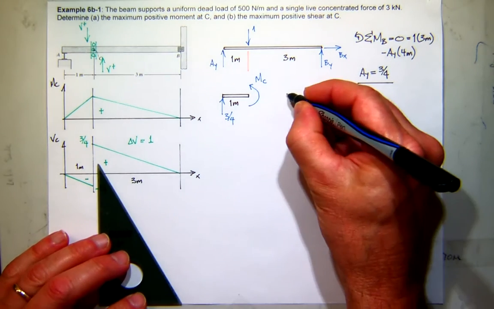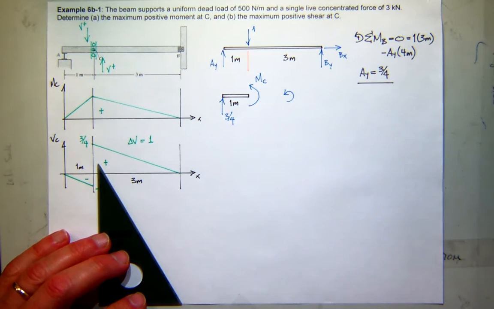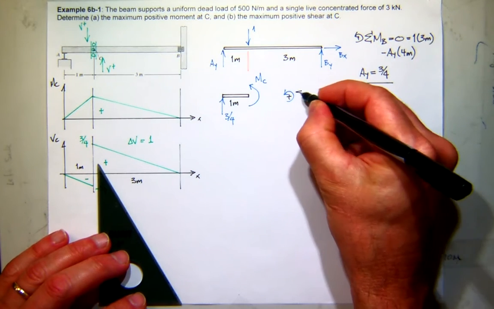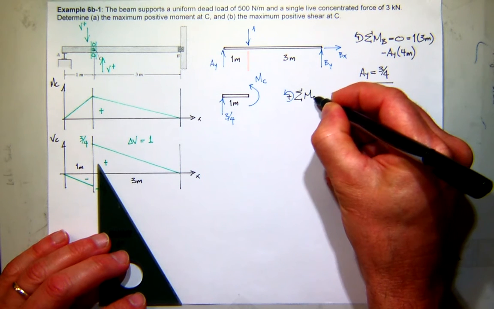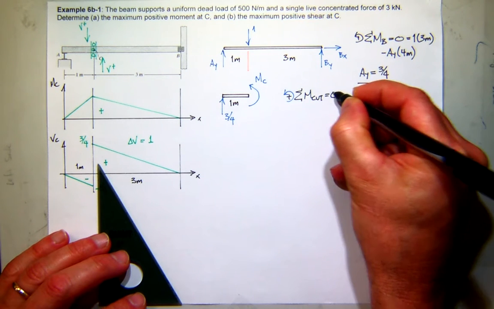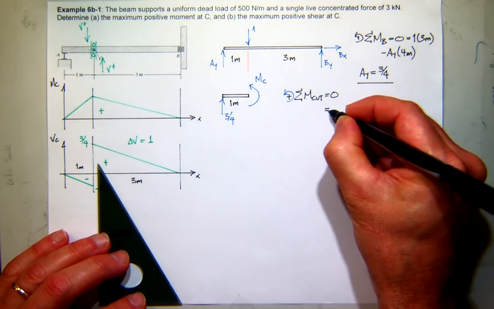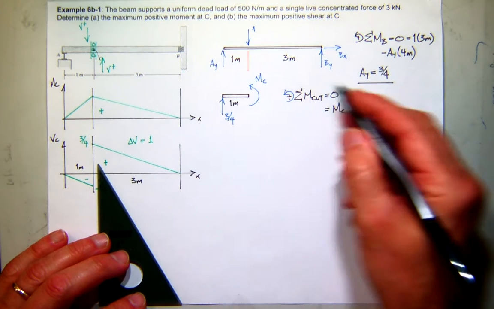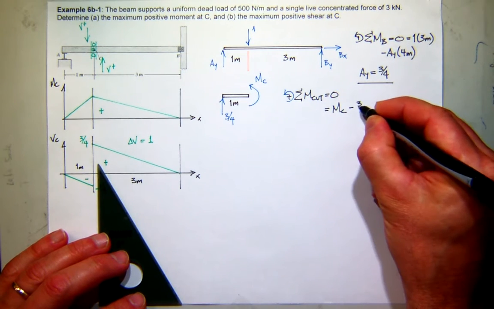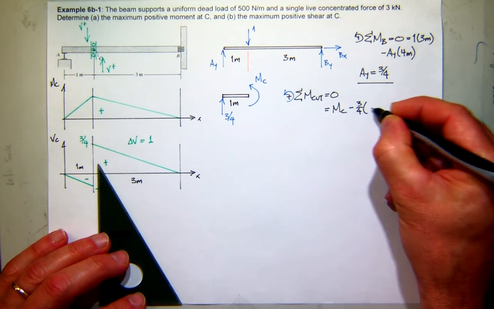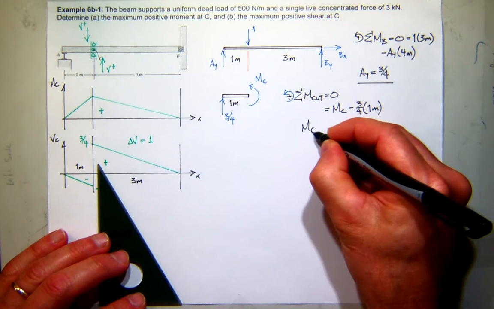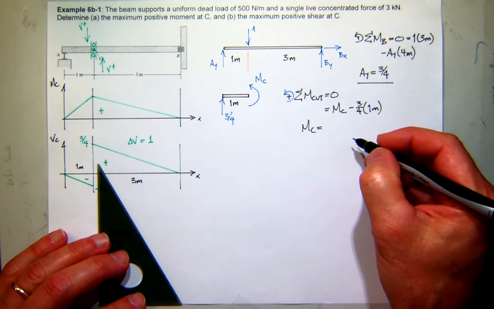Well, if you don't see it, go ahead and sum the moments at the cut and just compute it. So what would that be equal to? It would be the internal moment, which is positive. The reaction force creates a negative moment, so it would be minus 3/4 times 1 meter. So it looks like the moment at C is equal to 3/4.